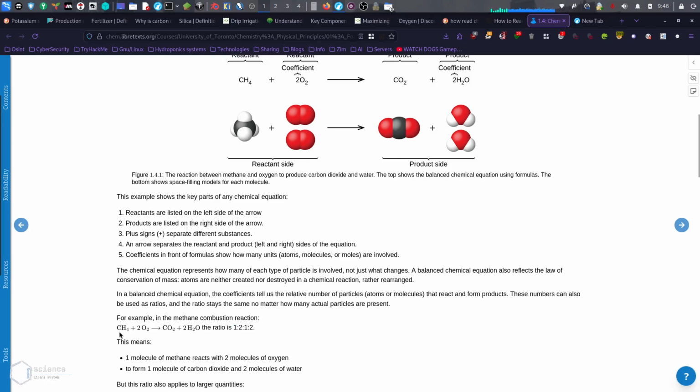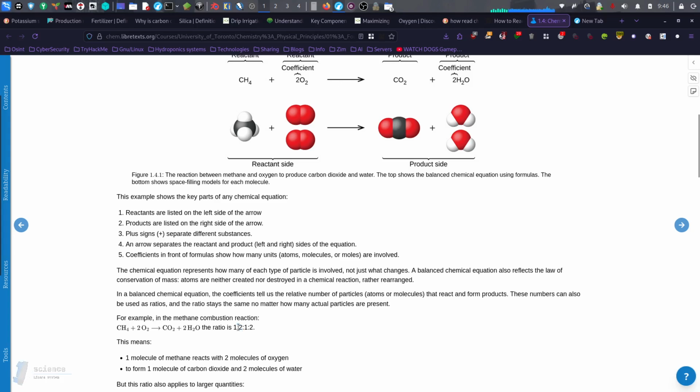1 molecule of methane plus 2 molecules of oxygen produced 1 molecule of CO2 and two molecules of water, H2O.